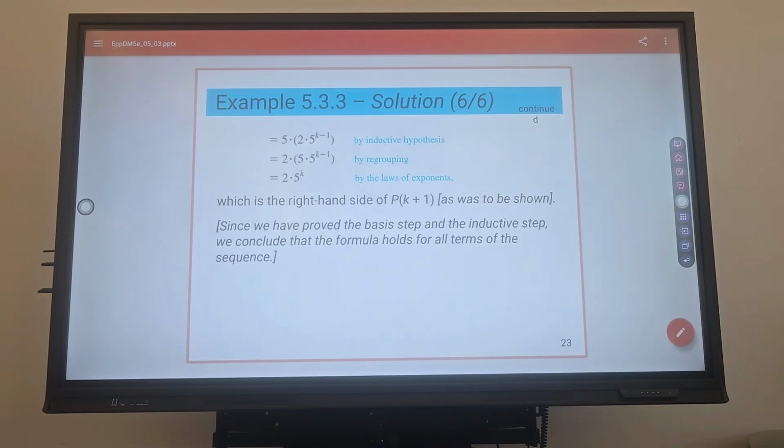When you substitute the inductive hypothesis, and regroup and use the law of exponents, you see that the right-hand side of P of k plus 1 is 2 times 5 to the k. So we've shown through mathematical induction that the formula holds true for all the sequence.